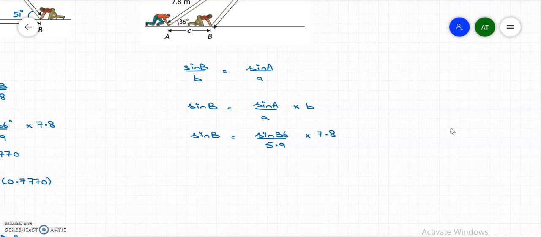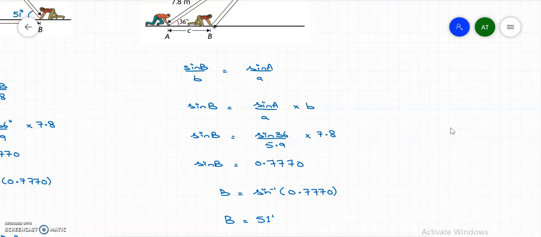Let me simplify all the terms on the calculator. So sine B would be equal to 0.7770, and B would be equal to sine inverse of that term, and again B is equal to 51 degrees.